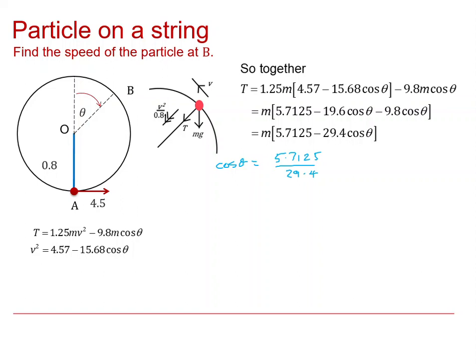So that's roughly a fifth. That's the angle, so we can see that's making sense. And if we put that into the v squared expression, that will tell us that v squared is equal to 4.57 times 5.7125 over 29.4.